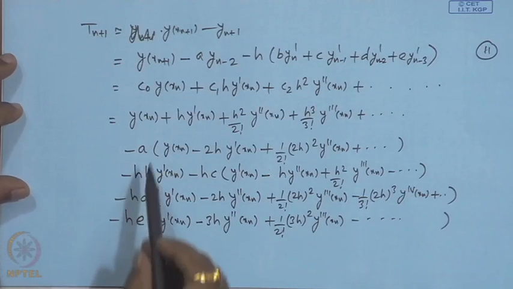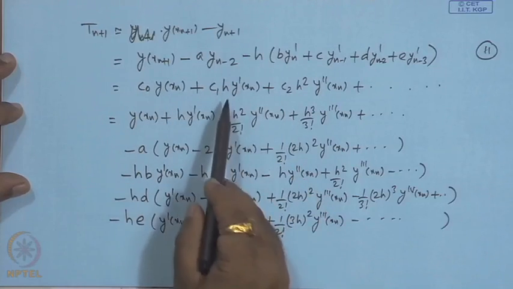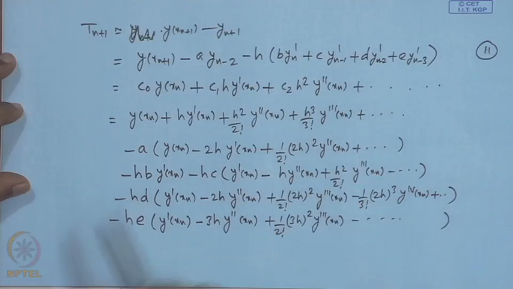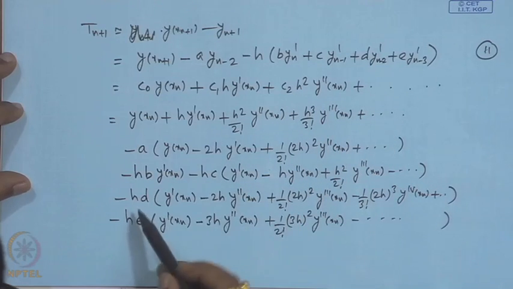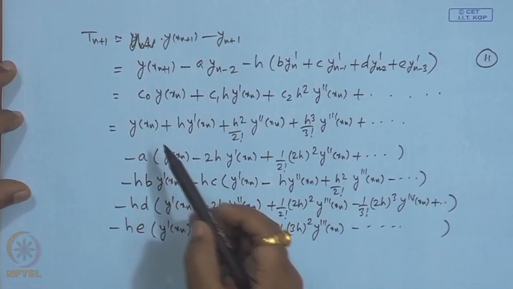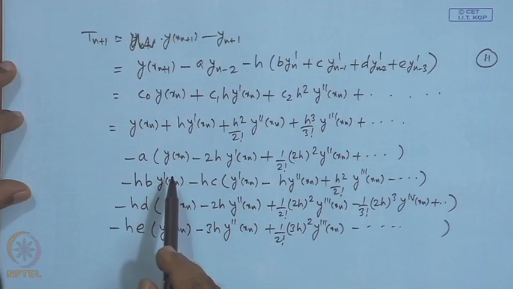So, now what we have to do? We have to collect for C 0, C 1, C 2 as powers of h, h power 0, h power 1, h power 2, etcetera. So, collect the coefficients of y of x n, this 1 there and minus a there.